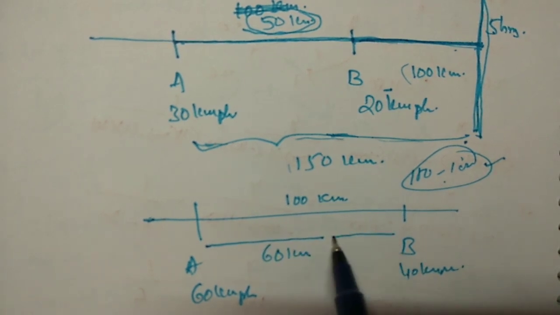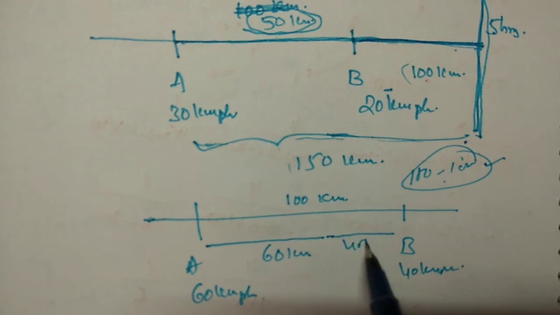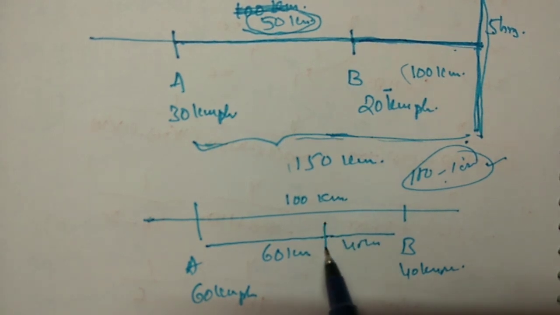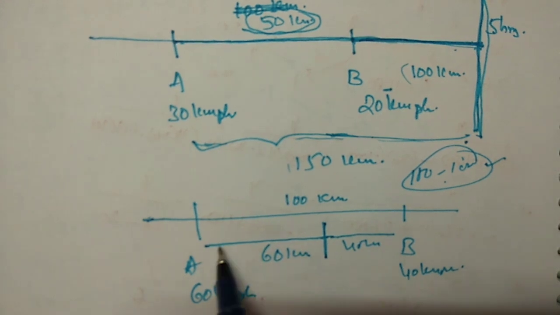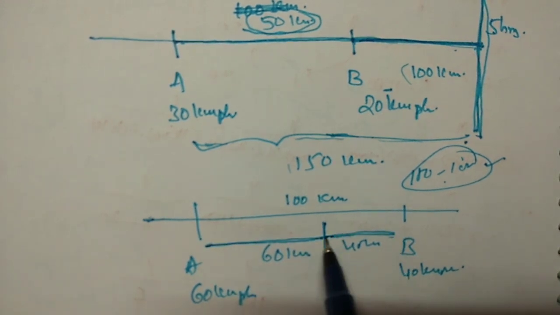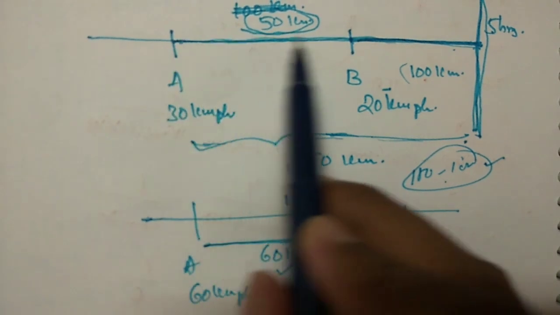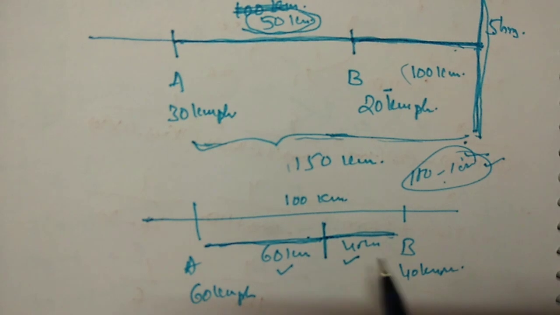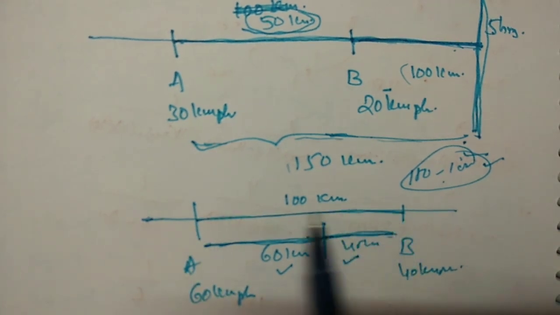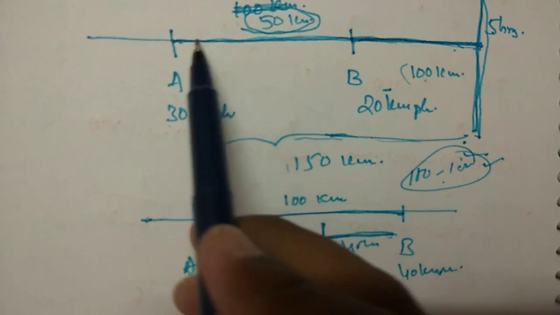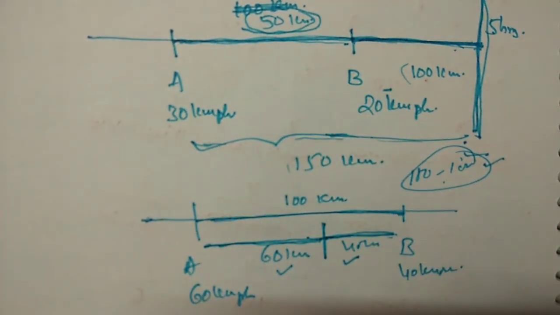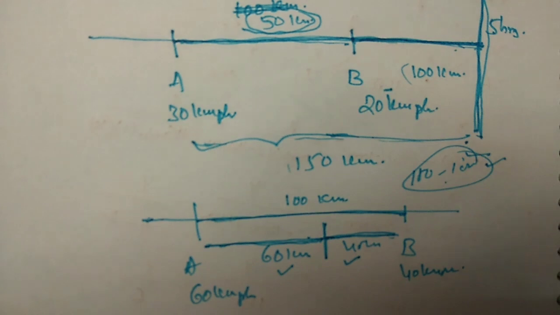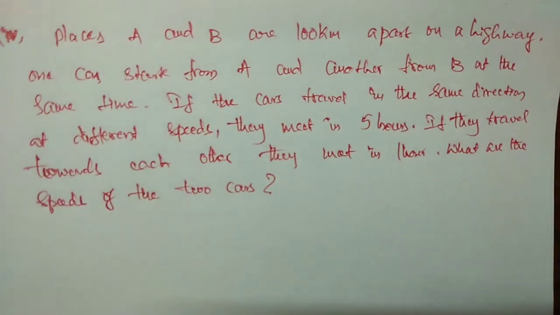The second car in 1 hour can cover 40 kilometers. So they meet at a point. If both are moving in opposite directions, 60 kilometers and 40 kilometers, we are adding. Right? If same direction, we should subtract; if opposite directions, we should add to find this distance. So if you understand this concept, then we can complete the next question.